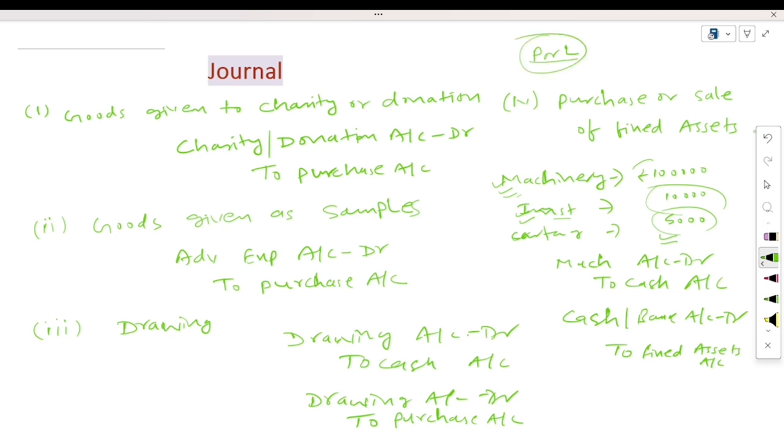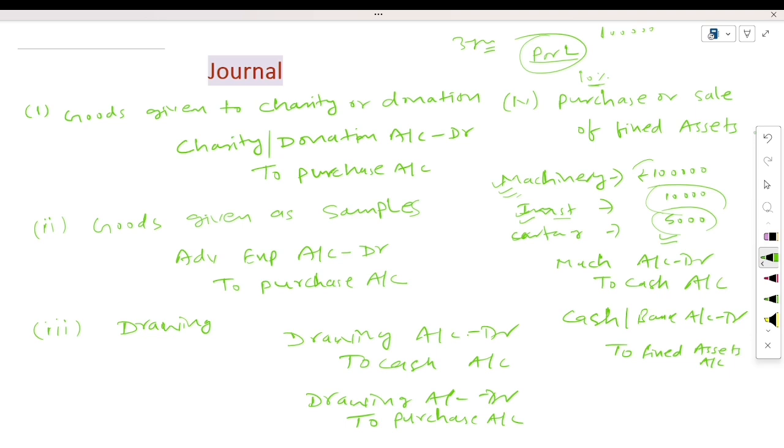Suppose you have purchased machinery for rupees 1 lakh. You have used this machinery for 3 years. After 3 years, you are going to sell this machinery, and you have calculated depreciation at the rate of 10% each year.